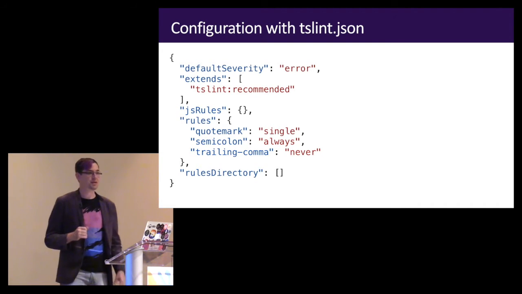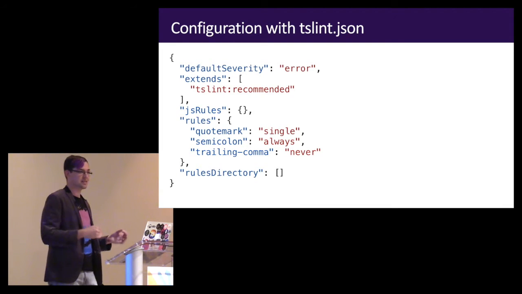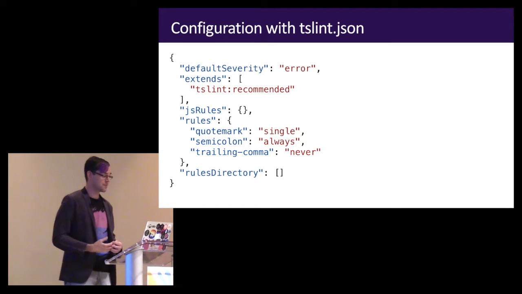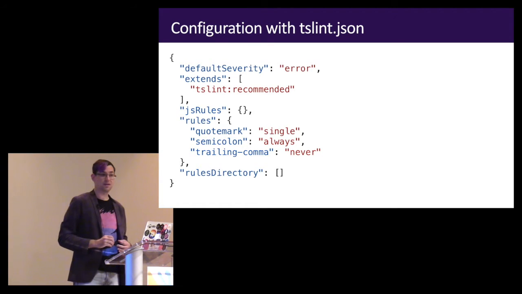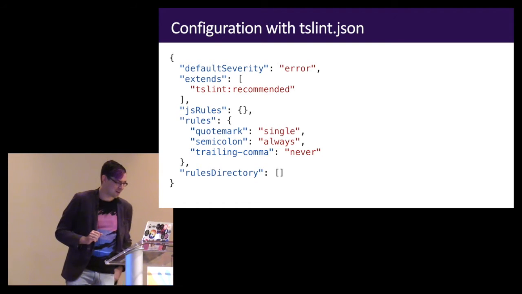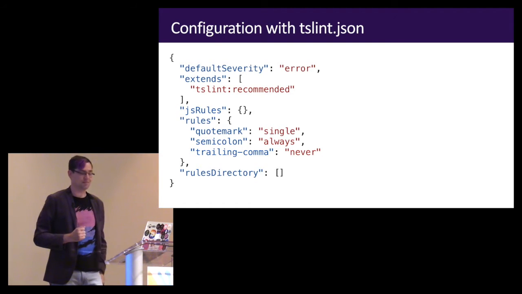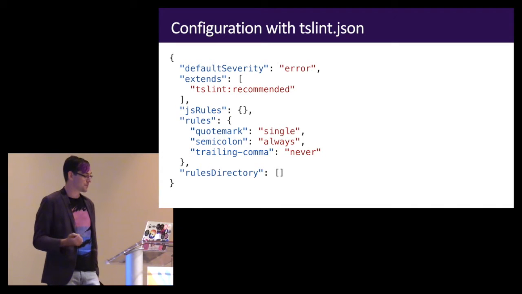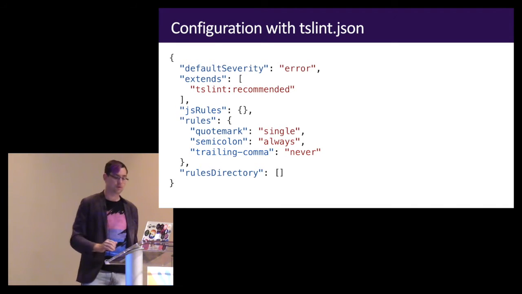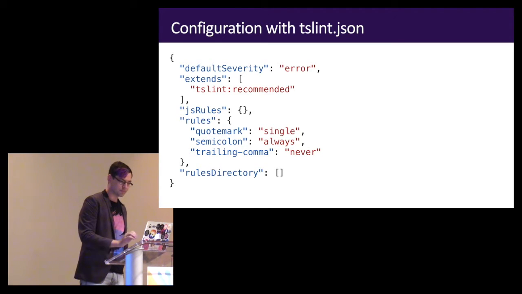This is really nice because that way we don't have to configure both tslint and ESLint to work on the same code base if we happen to mix and match files. And then the rules section, which has some options that I'm sure are not contentious whatsoever, is where we specify our TypeScript linter rules as well. And then finally, rules directory is where it searches for things to extend as well.